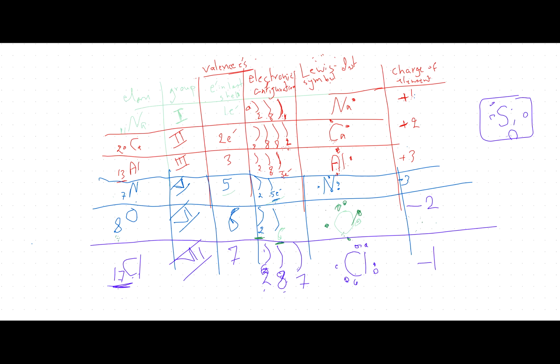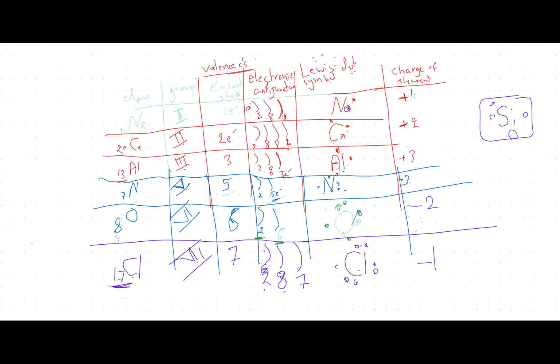From the Lewis symbol, I recognize that the group number gives the dots: group 1 is just 1 dot, group 2 is 2 dots, group 3 is 3 dots, and group 7 is 7. So silicon is in group 4, so just 4 dots around it.